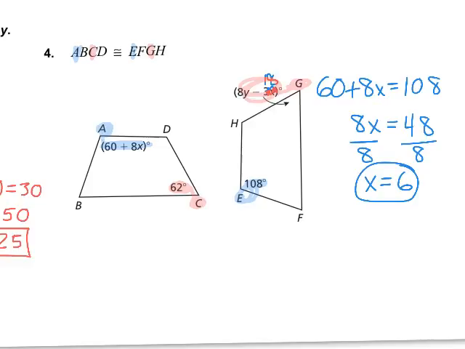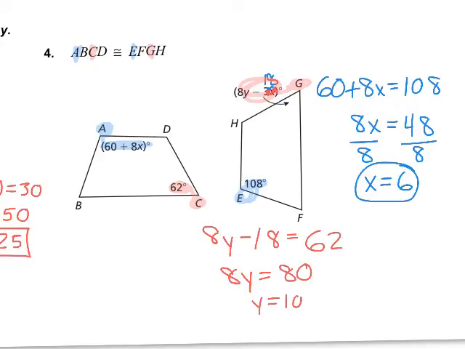So I can write my second equation. So I have 8y minus 18, after I plug in the 6 for x, should be equal to 62. So I add 18 to both sides. I end up with 8y equals, what would that be, 80? And y is 10. Okay. All right, any questions?